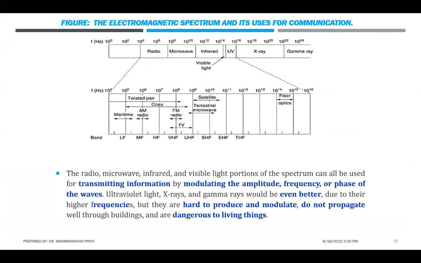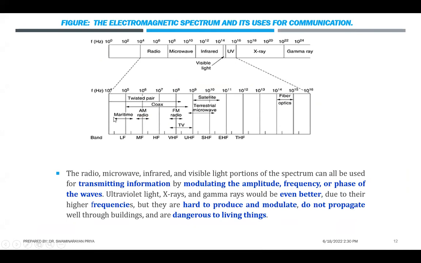Now, this is the electromagnetic spectrum. We can see in the electromagnetic spectrum this is the range that can be used for the communication purpose. Within this range, this figure is the expansion of that range.